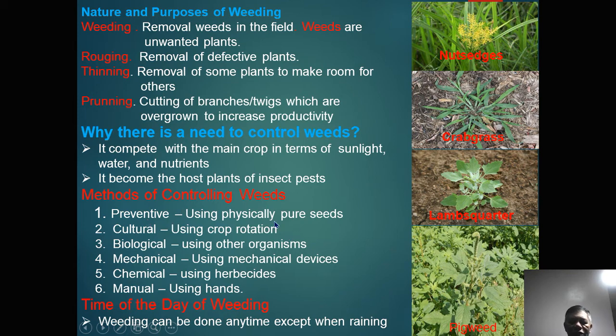The most common is using physically pure seeds, because there are some cases wherein we might plant seeds containing a mixture of the seeds of weeds and other varieties or other plants.